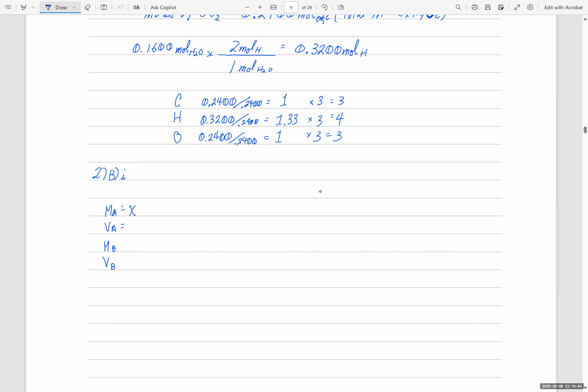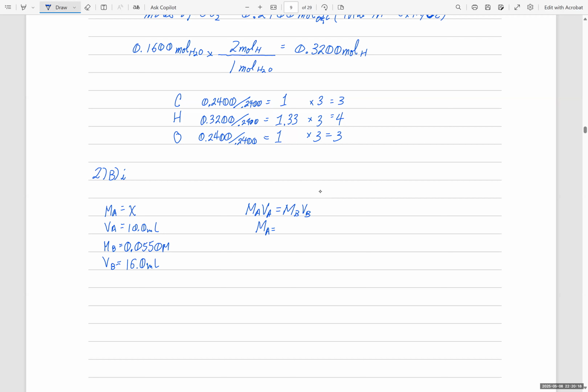And then what are some values here? Our VA was 10.0 milliliters. Molarity of the base, I believe, was 0.0550 molar. And the volume of the base used at the endpoint was 16.0 milliliters, right? All right, so we know that MAVA equals MBVB, and we're solving for MA.